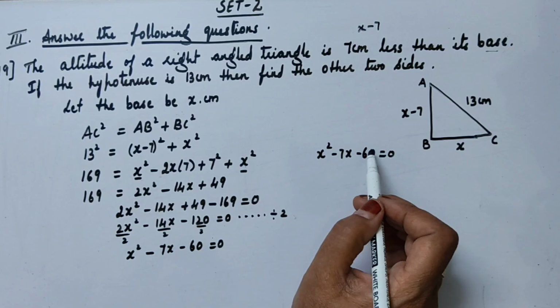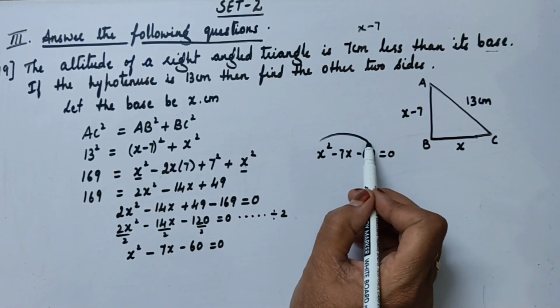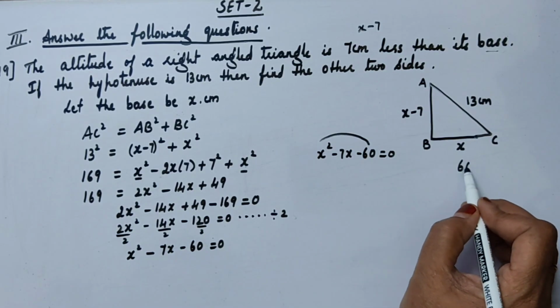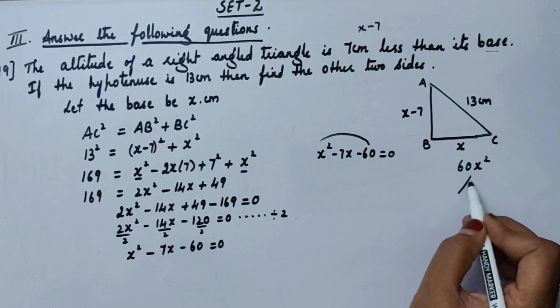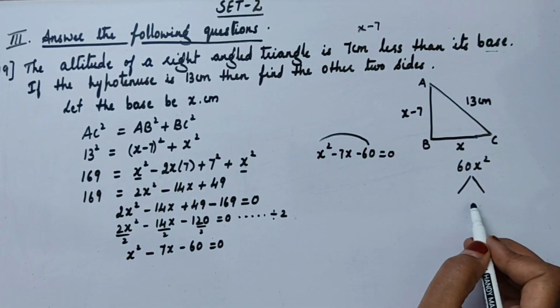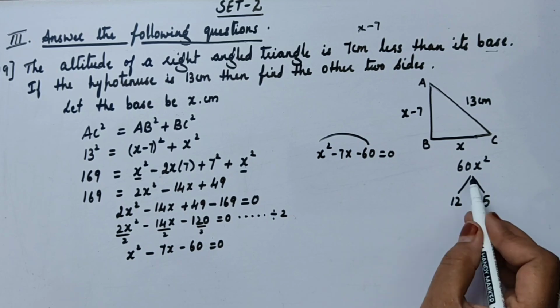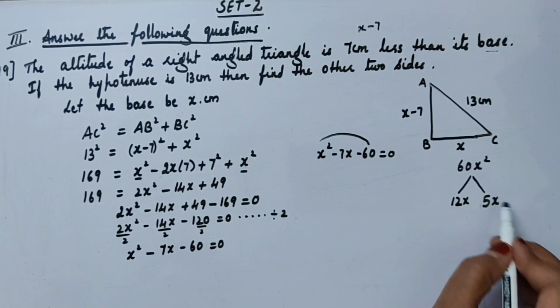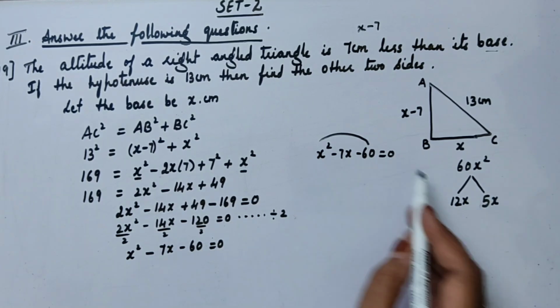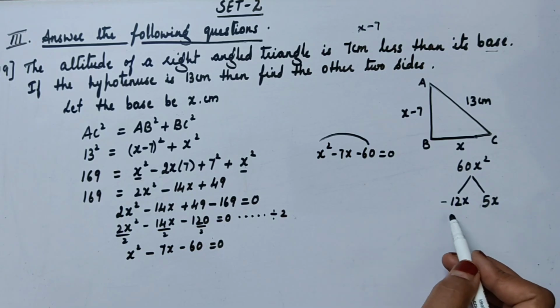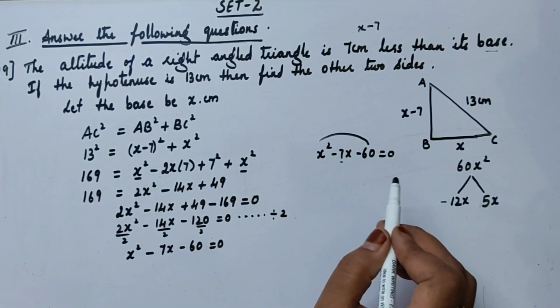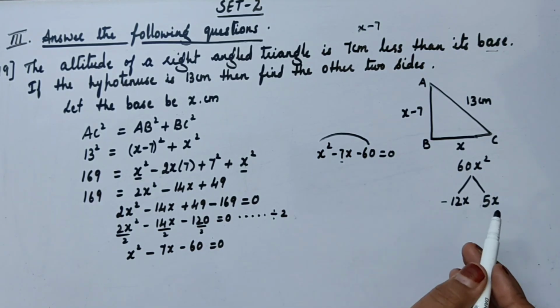Same factor method will do. First and last terms let us multiply. I am going to get 60x square. The factors of 60 are 12 5s are 60, x on both sides. Now the first sign is minus. To get 7, should we add or subtract?